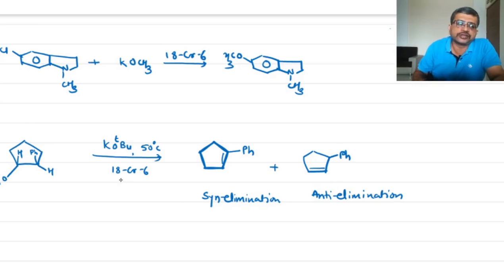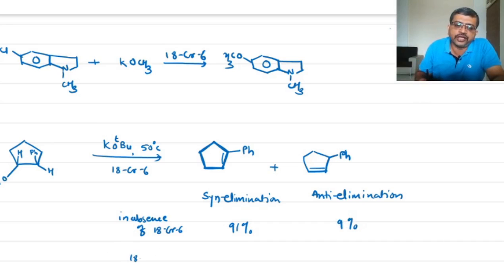In absence of 18 crown 6, the product yields are 91% syn elimination and 9% anti-elimination. That is, we get the syn elimination product as the major product.